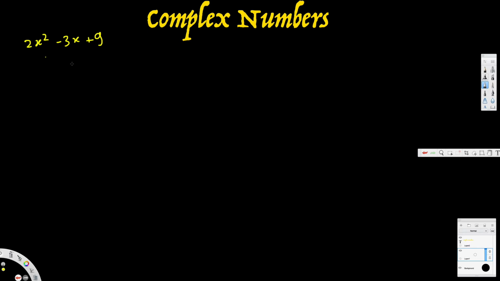x is equal to -b plus or minus square root of b squared minus 4ac, divided by 2a.